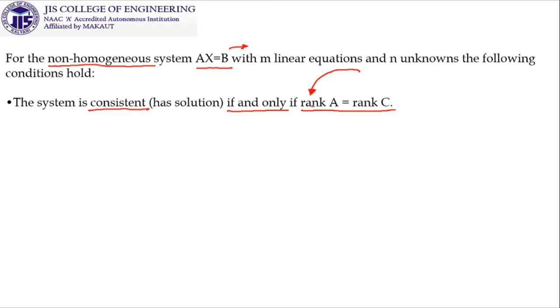If the dimension, that is the number of rows, columns and unknown variables, increased, it was not possible for us to find the solution, or even to decide whether a solution exists or not. That is why the matrix representation of the system as well as the rank comes into action, and the concept of rank helps us decide whether the system is consistent or not, and if it is consistent, what type of solution it will give us.